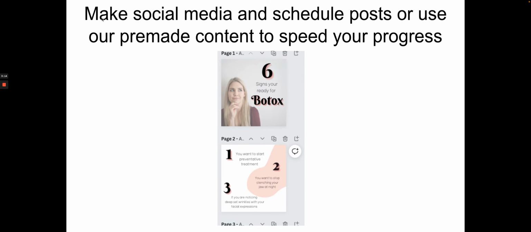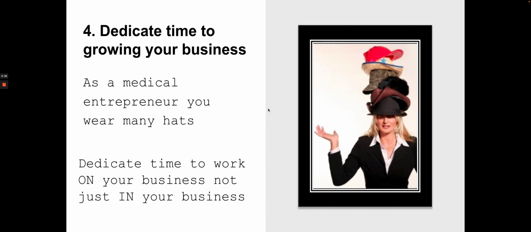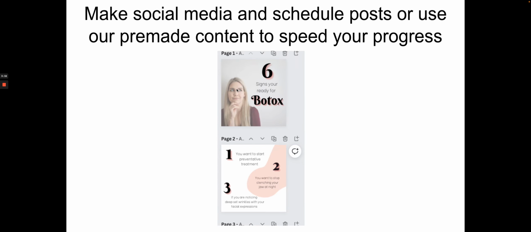Next, here's a good example of using that social media post. For our people in the Aesthetic Arts Inner Circle, we give them pre-made posts like this, where you can swap out the colors, you can put different pictures, and you click a few buttons and this goes into your social media account, and you can schedule these to be carousels or to run at certain times, etc. So you can find a source to get those, touch them up, and then schedule them on your own.